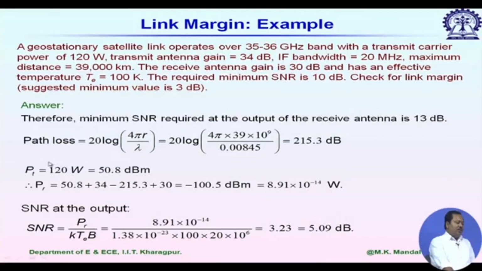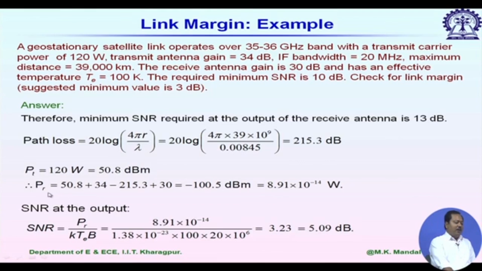So, for this 120 watt, you simply divide 120 by 1 milliwatt, that means 120 divided by 10 to the power minus 3, then you take 10 log of that value, and it comes to 50.8 dBm.